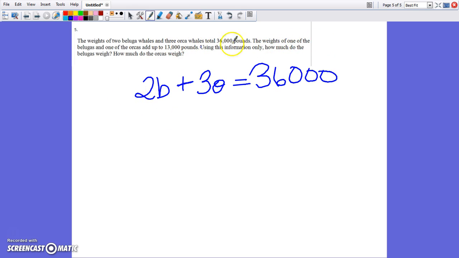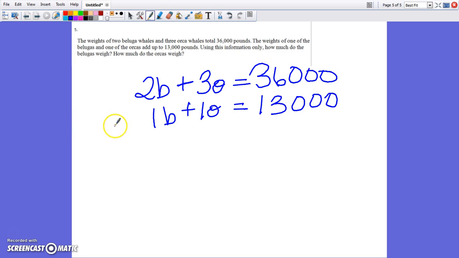The weights of 1 beluga plus 1 orca equal 13,000 pounds. So for my kiddos, go ahead and put it in the matrix and figure that out. If you're still having trouble with that, ask me in class.